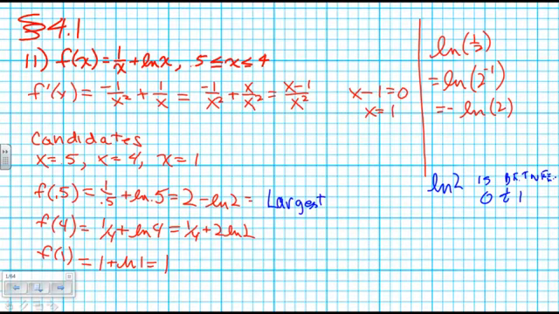Do I know it's going to be less than 1? If natural log of 2 is close to 1, then this is going to be close to 2 1/4. Maybe? I'm not so confident in this anymore.